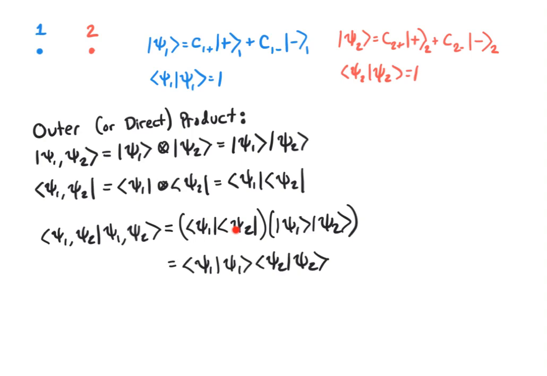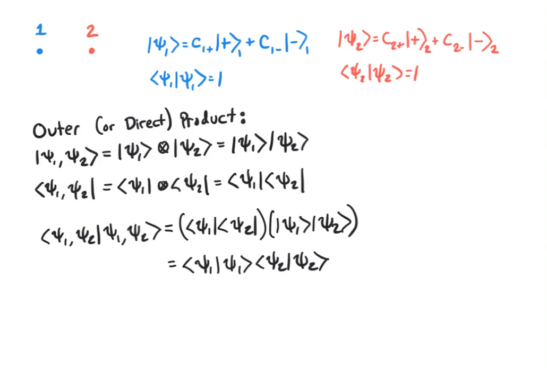Likewise, the bra vector of psi 2 here doesn't really interact with the ket vector of psi 1 over here. So only the first half of the bra vector interacts, or inner products, with the first half of the ket vector, and likewise only the second half of the bra vector interacts in the inner product with the second half of the ket vector.